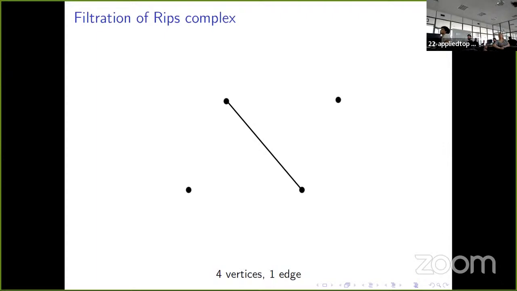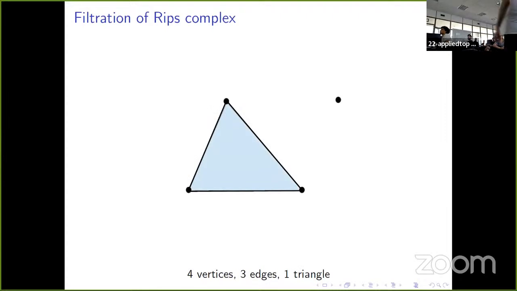And then, yeah, the pictures are a bit unfortunate, so it's not clear which one is the next. But let's assume that the distances between this point and that point, and this point and that point are comparable. Then those two edges will appear at the same time. We will have additional two edges. But that is not the only thing that will happen.